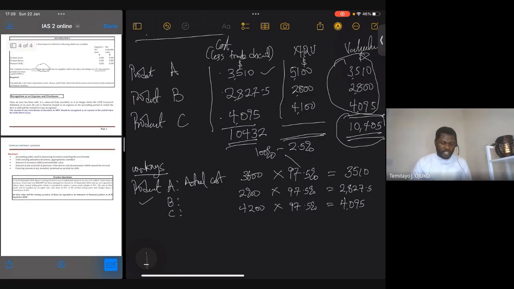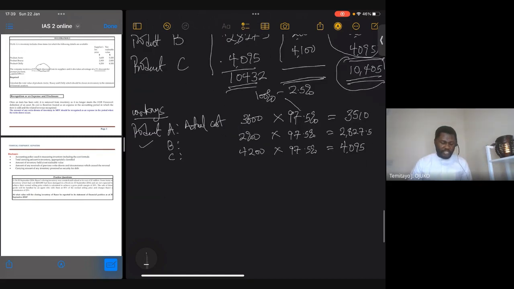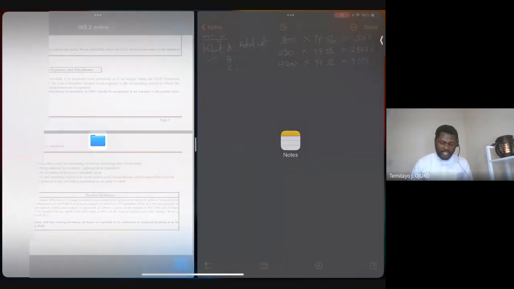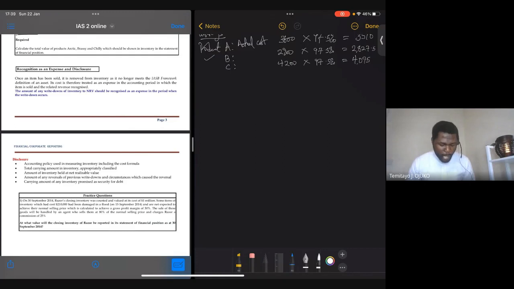You just have one more question to solve, but before we do that, let's just go back a bit. Recognition as an expense and disclosure. This is just going to be very fast. Once an item has been sold, it is removed from inventory, and that is why you have to add it as part of the cost of your sales.